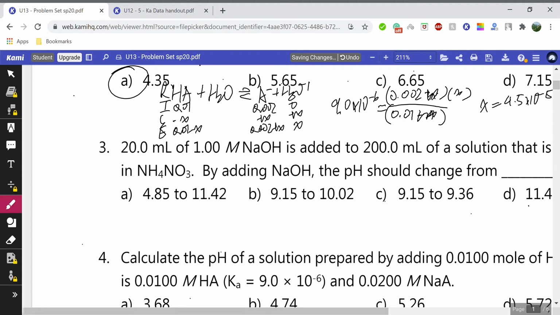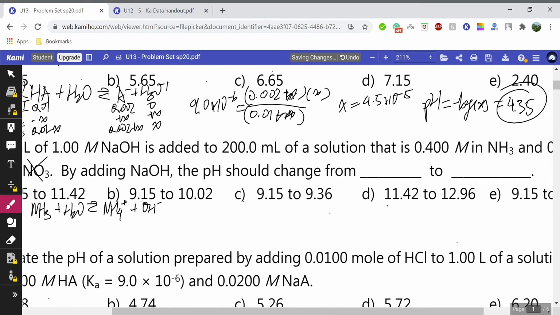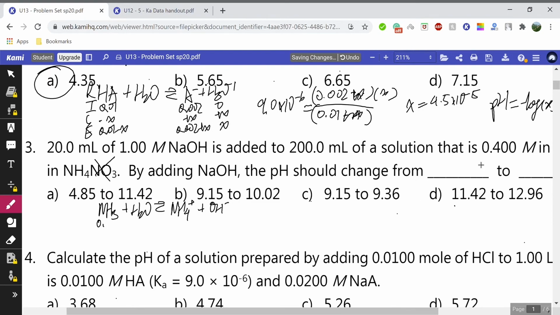HNO3 is a strong acid, so NO3 minus is a weak conjugate base, so this will be a spectator ion, and will not be included. So NH3 plus H2O will form NH4 plus and OH minus. Okay, now this is our reaction, and we have 0.4 and 0.5.